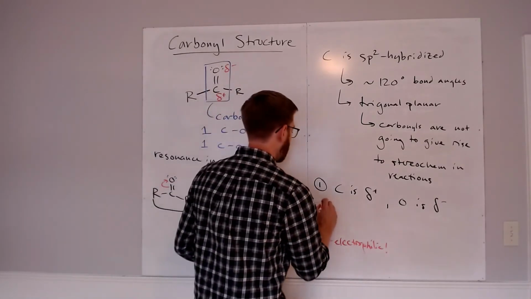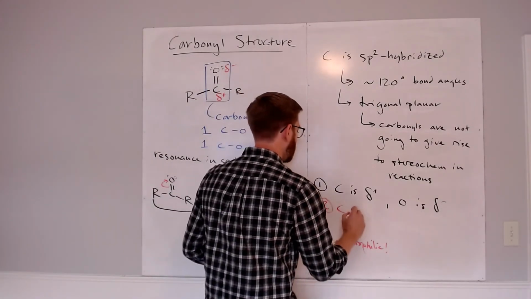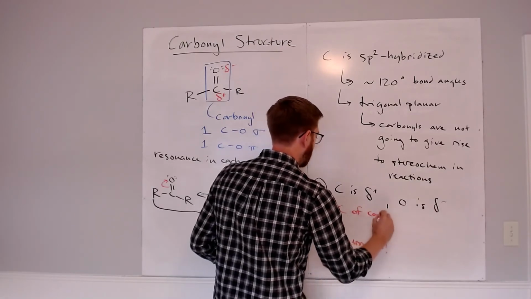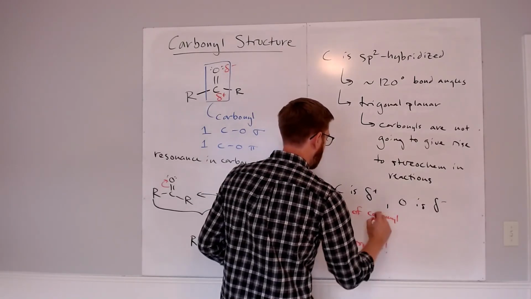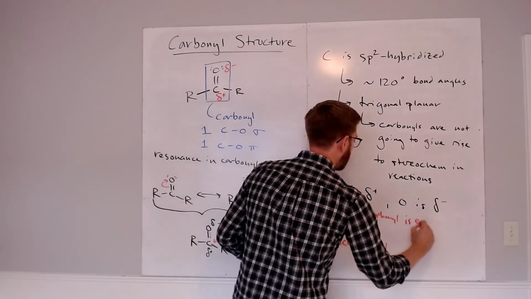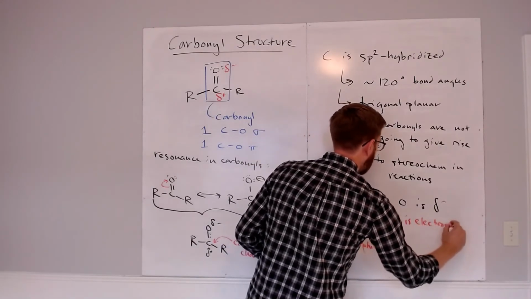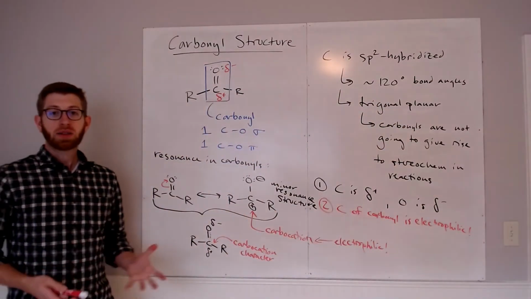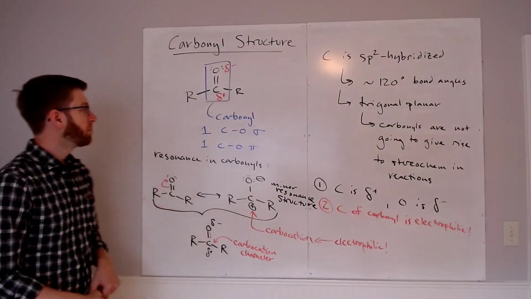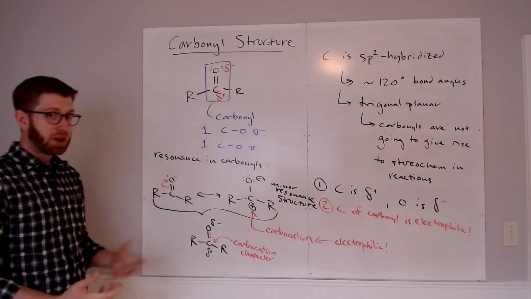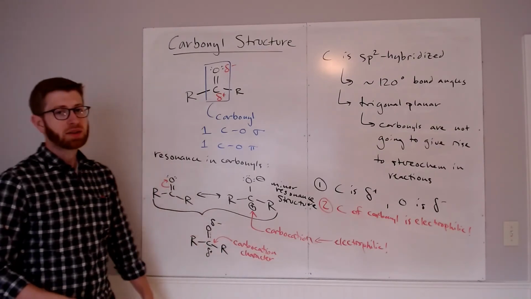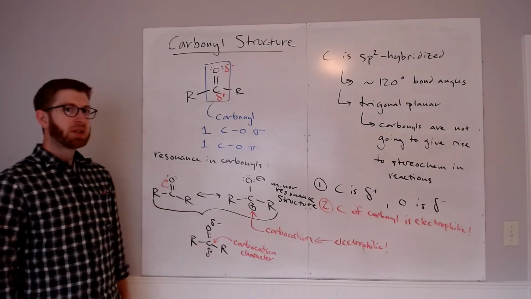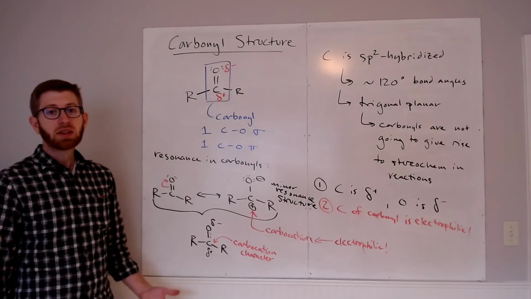So our second idea here is that the carbon of a carbonyl is electrophilic. Awesome. So we've just established, using structural analysis, and because of what we already know about carbocations, that regardless of what the R groups are, the carbonyl carbon is an electrophilic center.